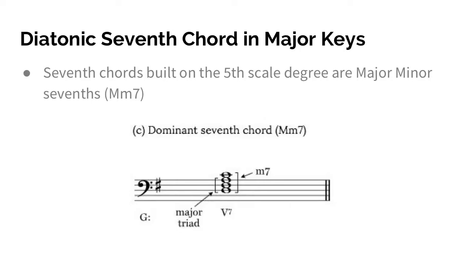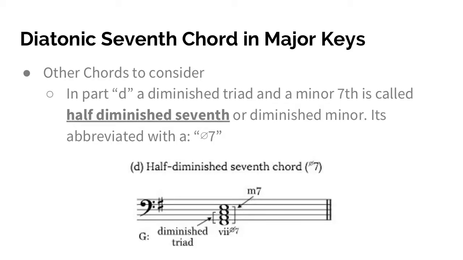All right, the chord that's built on the 5th scale degree is called the dominant 7 chord, or the major minor 7th. This is super important because this is the one that will help us later on in future chapters. The major minor 7th is a major triad with a minor 7th on top of it.